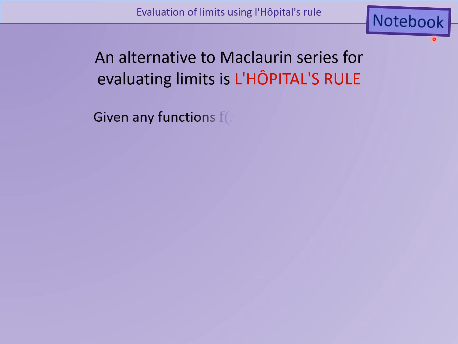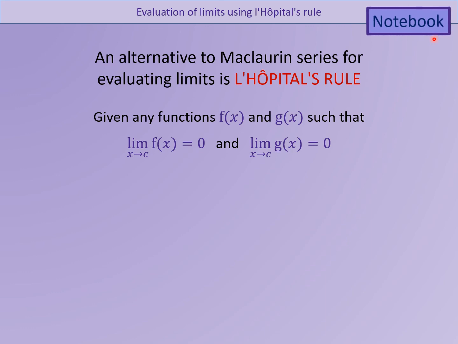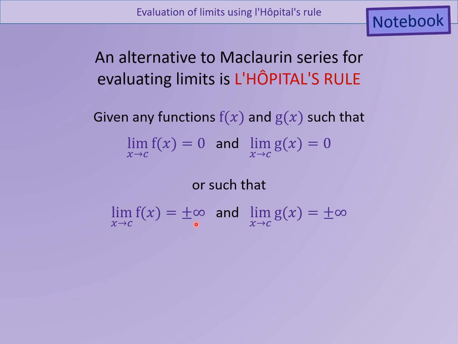Now L'Hopital's rule states this: given any functions f of x and g of x, if those functions as x tends towards some limit, it doesn't matter what that limit is, equals 0, so both of them equal 0, or if as they approach some limit they tend towards infinity, both tend towards positive infinity or both tend towards negative infinity.